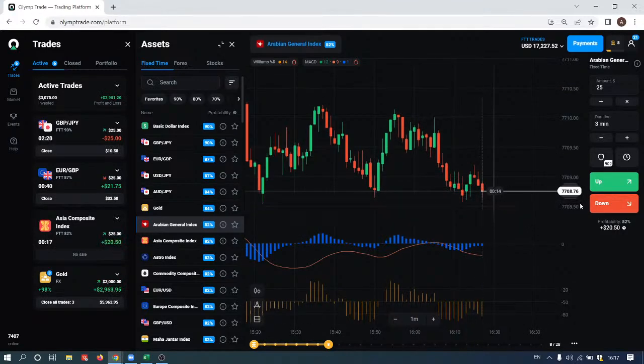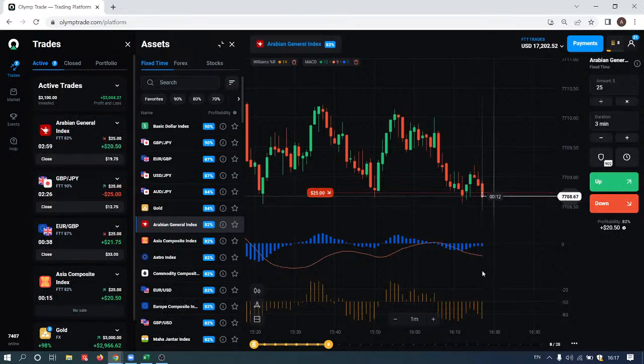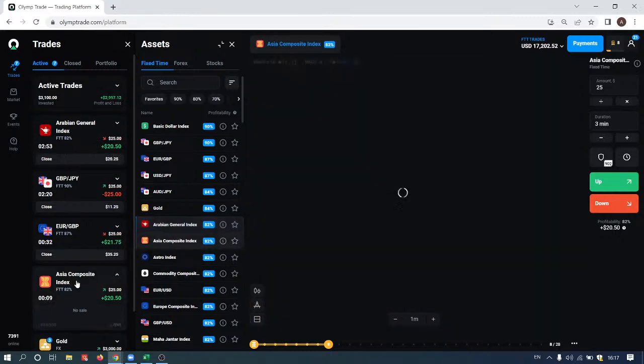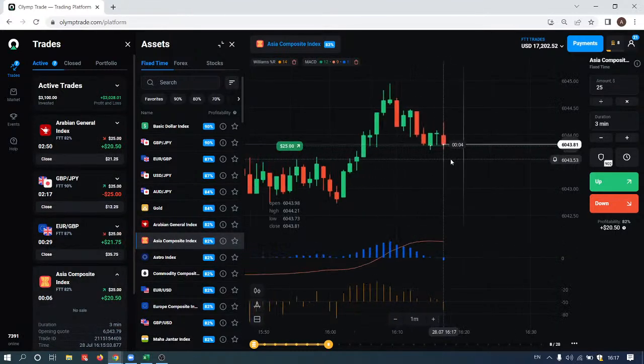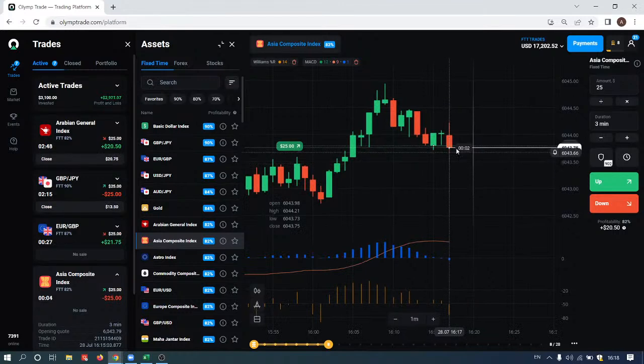And I want to open another trade here, right? So we have the signal. The signal is there, so 2 confirmations are there, so why not? So Asia Composite Index.